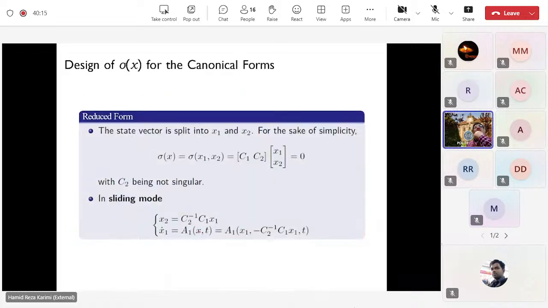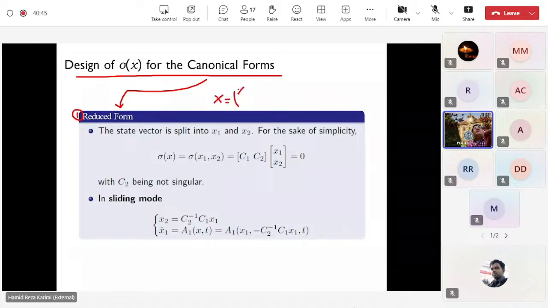In this case, in the design of sigma x for the canonical forms, let's start with the reduced form. You remember the first technique we talked about in the canonical form, in the shape of the reduced form. If you look at the state vector, it can be split into x1, x2. So your vector x can be represented like x1, x2.